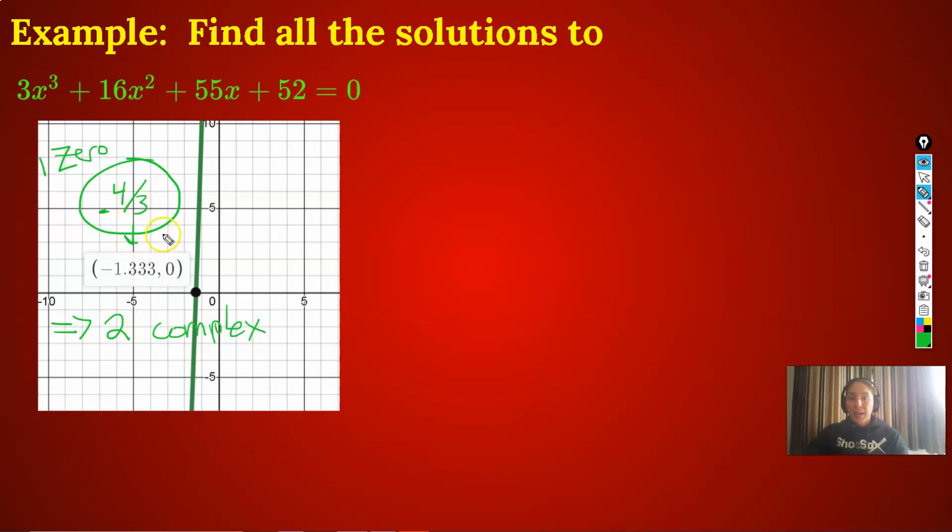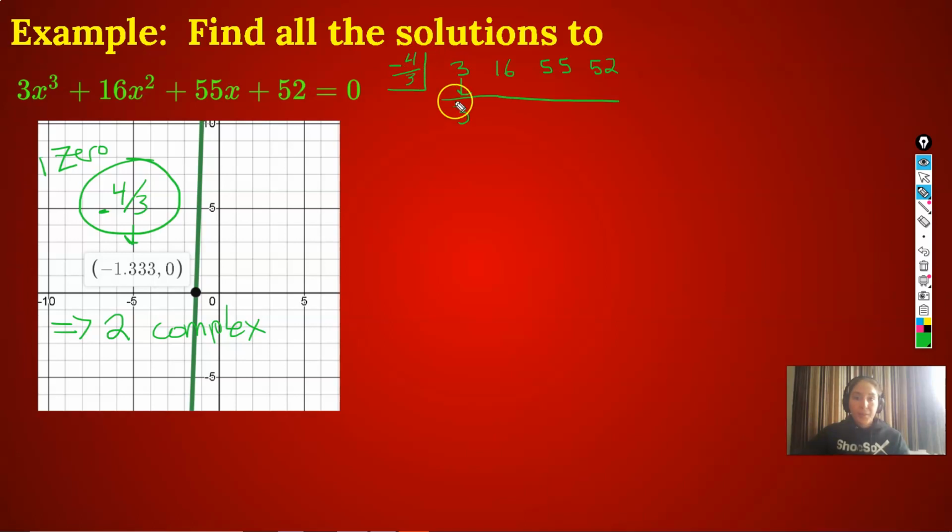Okay, so if I have a real zero, how can I continue on to find the other 2? Well, this is where synthetic division comes in handy. So put the real zero that I know here in the window, and coefficients 3, 16, 55, 52. First number drops down, 3.